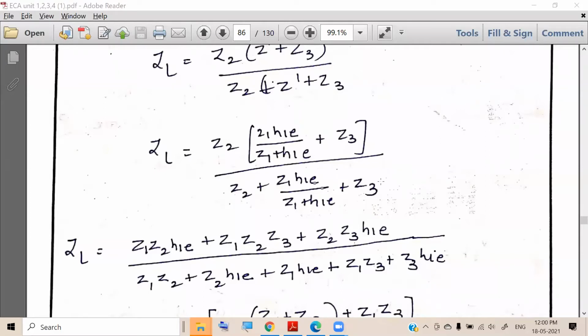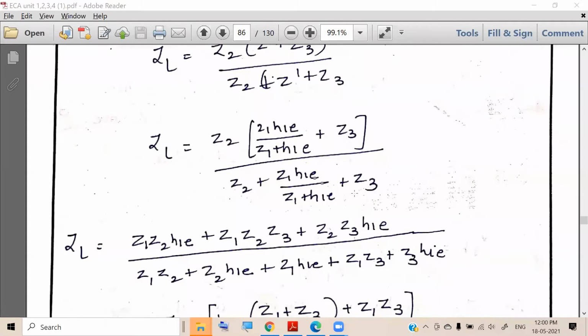Z2 into Z1 plus HIE will become Z1 Z2 plus Z2 HIE. Next, for this term, Z1 plus HIE cancels and Z1 HIE will remain. Next, Z3 multiplied by Z1 plus HIE will be Z1 Z3 plus Z3 into HIE.